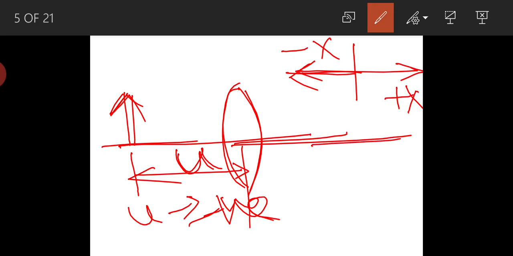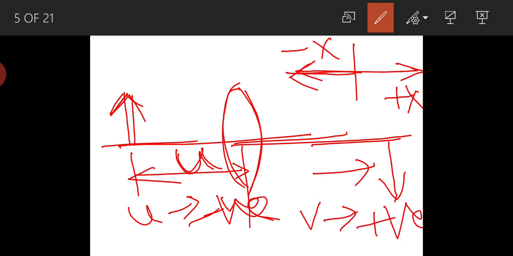Whereas if image forms right side, which is positive x-axis, that is why v is positive. If image forms left side, that is if virtual image forms, then v is negative.